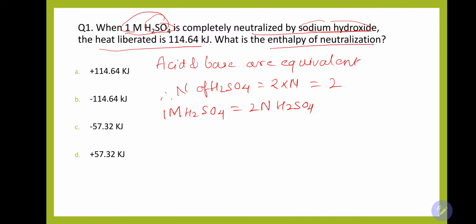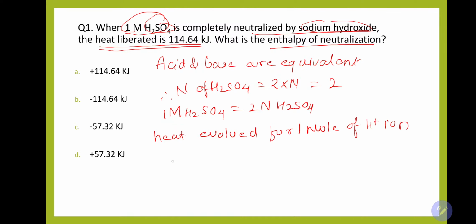but here it is given that the heat liberated is 114.64 kilojoules. Now the heat liberated is nothing but the heat evolved. So what is the heat of neutralization? It is the heat evolved for 1 mole of H plus ion.